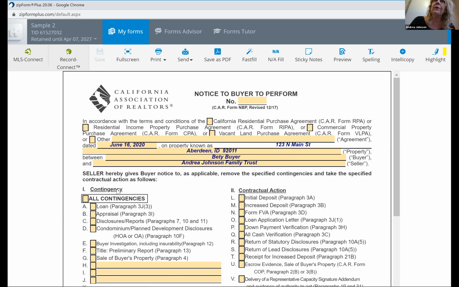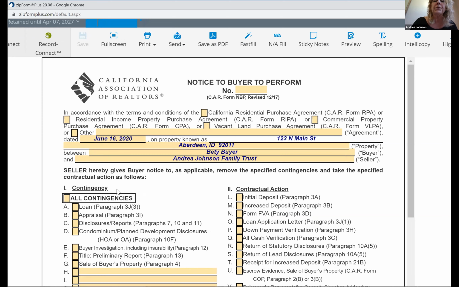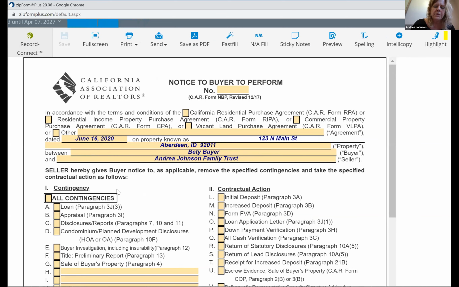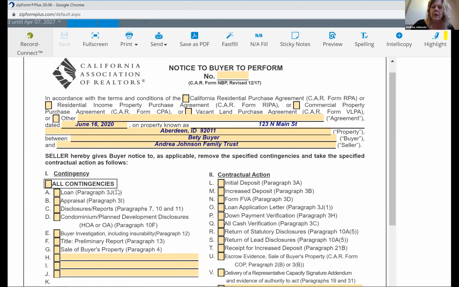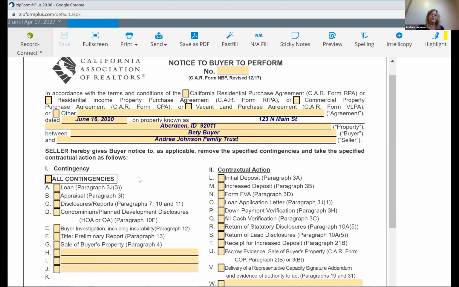The reason there are 3 of them that you may select from is that you may need to use more than one during the course of the transaction. Same with the addendum forms and so forth. There are a number of forms that have multiple copies of the same form. So I usually just take them and put them in sequential order as they show up on the documents list. So notice to perform, whichever one this is, maybe it's number 1.